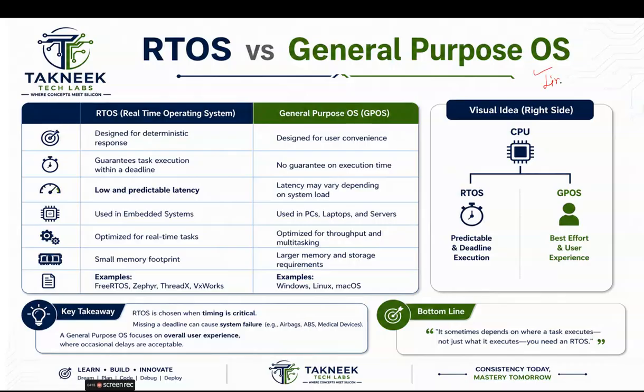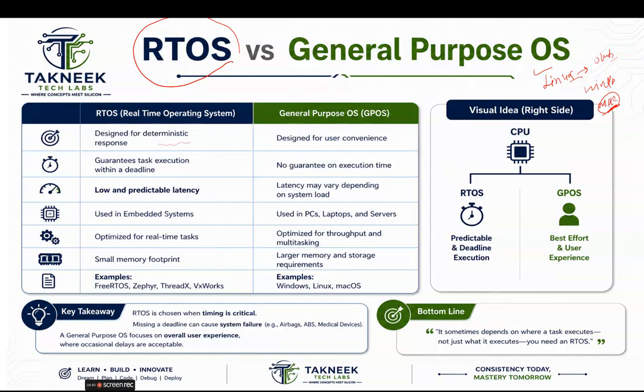Linux is a general purpose operating system. Ubuntu that you guys use, or Windows, or the Apple-based operating system on a Mac, all those are general purpose operating systems. RTOS, on the other hand, are designed for deterministic and predictable behavior.